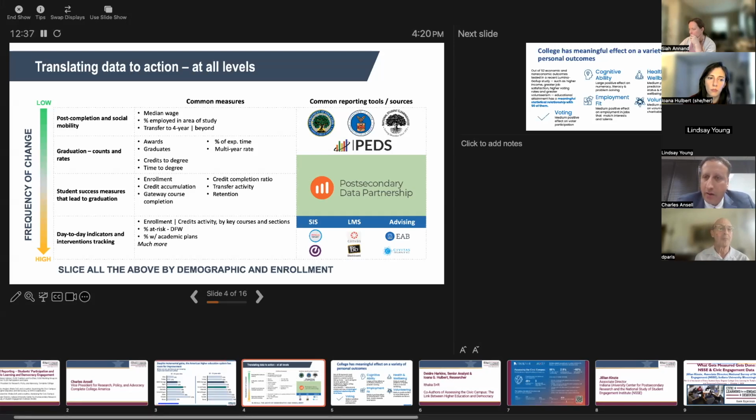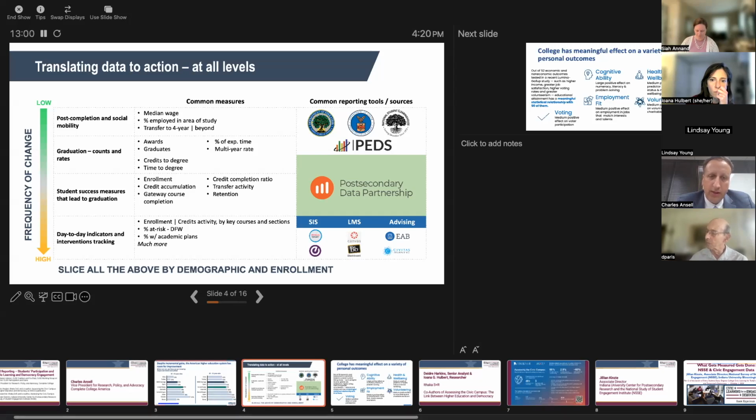And then from there, what are the student completion components that predict those top level democracy components? What are the indicators that change every semester around retention and credit accumulation? What would those corollaries be in the civic learning and democracy engagement realm? And then most importantly, what are the things that change every day or every week that can measure that?